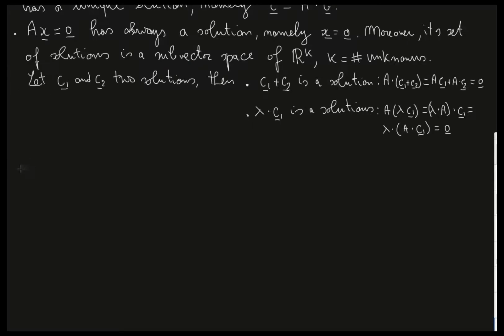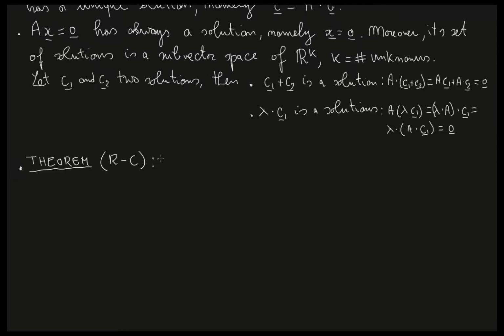So we are now at the most important result. This result is named after different people in different countries. Therefore I'm not going to attribute this result to any of them, since there will not be a typical student or listener to these lectures. I will just name this result Theorem RC. This theorem comprises two parts.